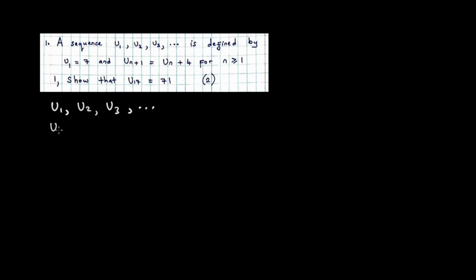So u1, which is the first term, which we also denote using a, is equal to 7. Then we are given this relation: un plus 1 is equal to un plus 4.